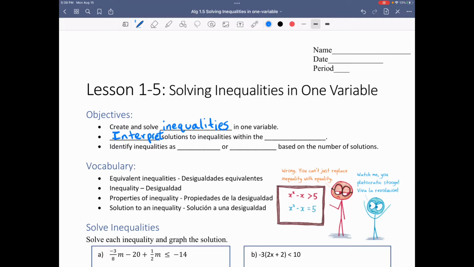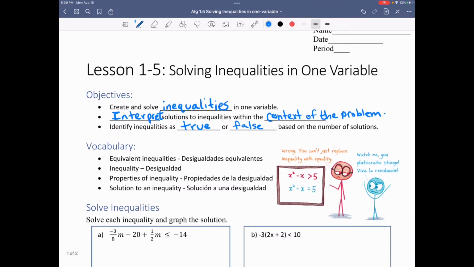Interpret solutions to inequalities within the context of the problem. Identify inequalities as true or false based on the number of solutions.